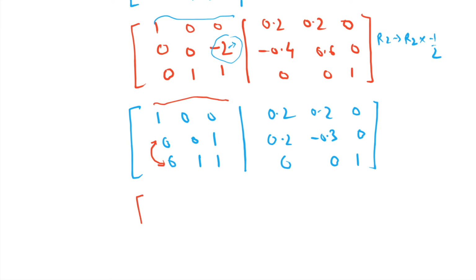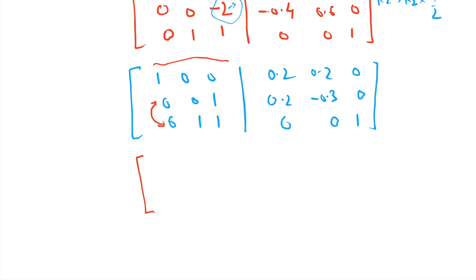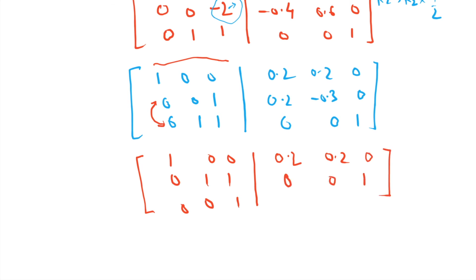Okay, so if I swap row 2 and row 3, I'll get 1 0 0, and you'll get 0 1 1, and then 0 0 1, and here the right side you will get 0.2 0.2 0, and this becomes 0 0 1, and then 0.2 minus 0.3, and then 0.